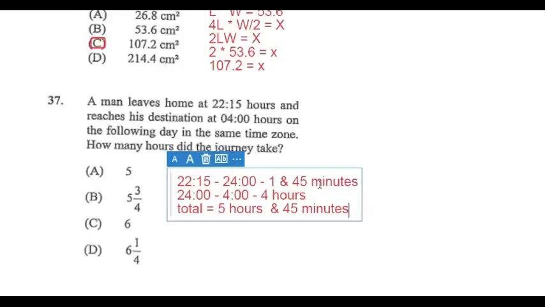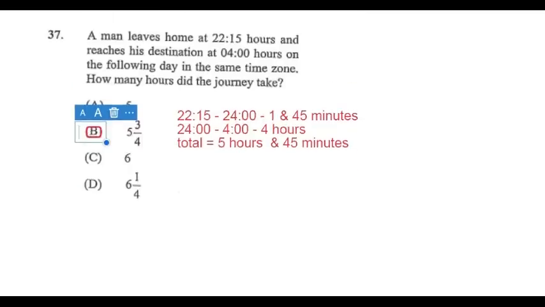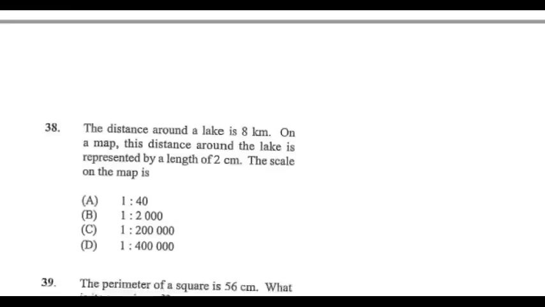So 10:15 to 12 o'clock is 1 hour and 45 minutes, and then 12 o'clock to 4 o'clock a.m. is 4 hours, so therefore the total is 5 hours and 45 minutes. And remember that 45 minutes is the same as 0.75, which is the same as 3/4, and therefore the answer for 37 is B. And we're moving to 38.